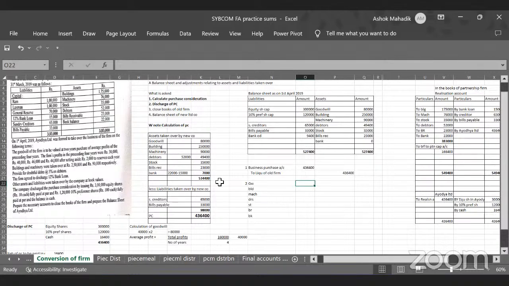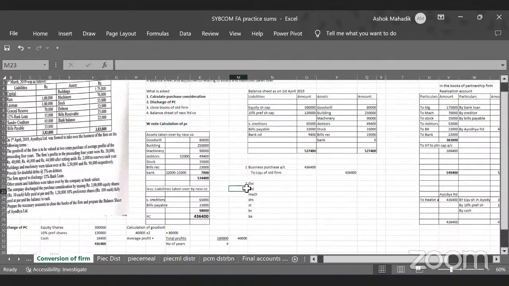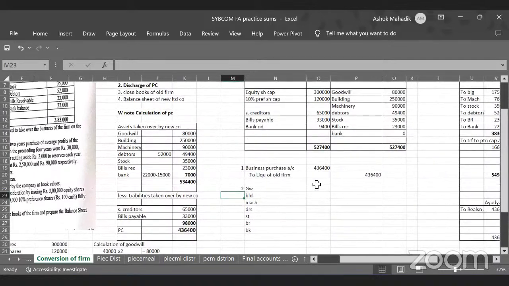You can see this is the size so that we don't make a mistake here. So all the asset accounts debit. I'll copy paste the values, copy, paste it here. Only one cell had a value formula, 49,400.